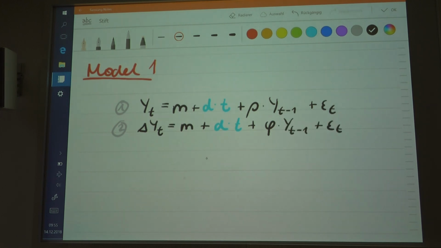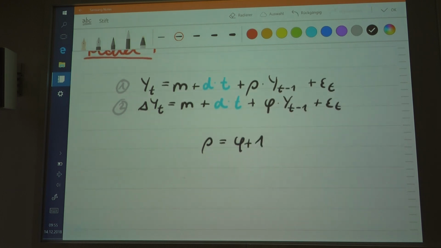Again, here you also have that rho is equal to phi plus 1, or 1 minus rho is equal to phi. And you're also going to have a reparametrization of the coefficients, so you only need to make one statement regarding one issue.